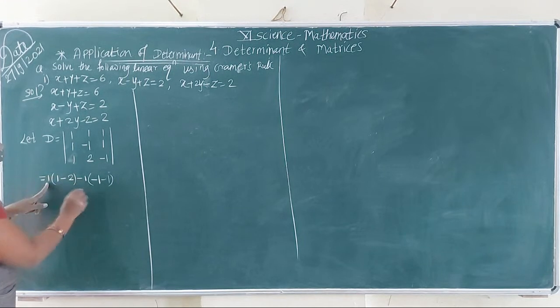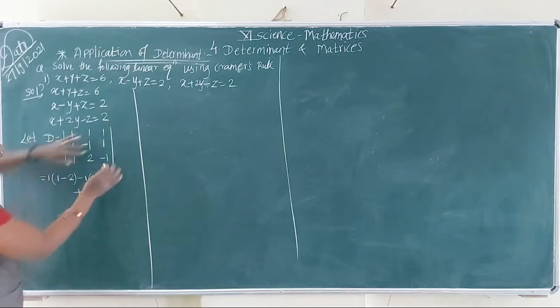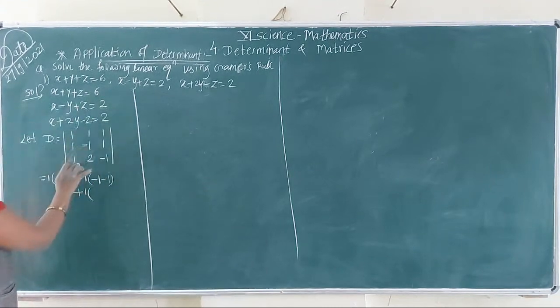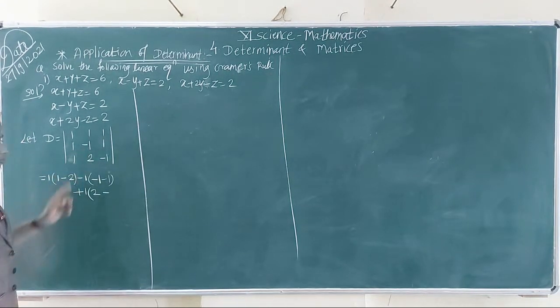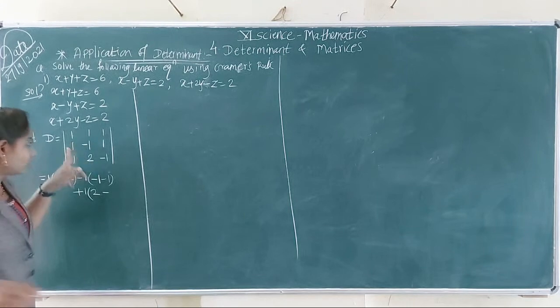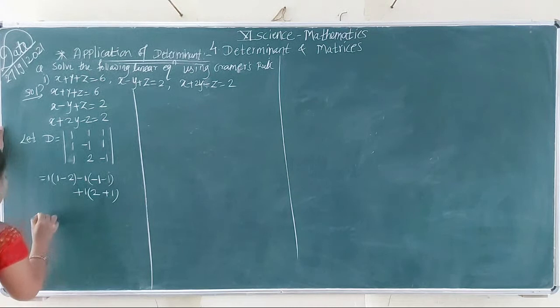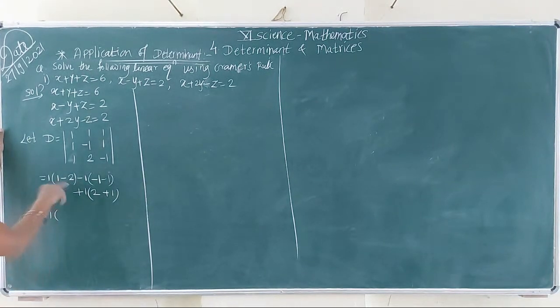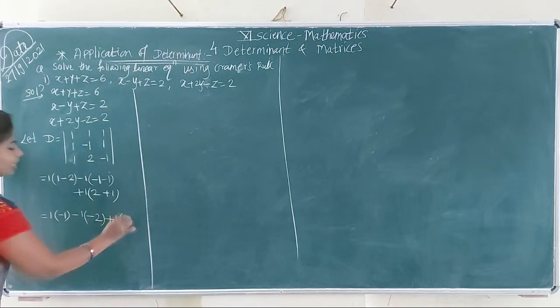Again plus 1 into, delete first row and third column, and take the remaining elements in cross multiplication: 1 into 2 is 2, minus 1 into -1, which is -1, and minus minus is plus, so plus 1, which is equal to 1 into (1 minus 2), 1 minus 2 is -1, minus 1 into (-1 minus 1), which is -2, and plus 1 into (2 plus 1), which is 3.